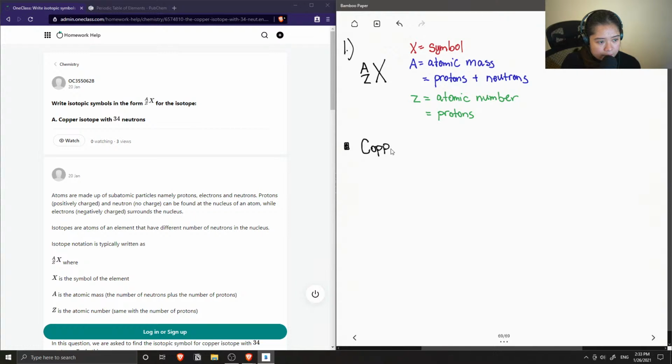So copper has the symbol of Cu. So we already know that our X will just be equal to Cu. And now we can look up copper on the periodic table and find out its atomic number.